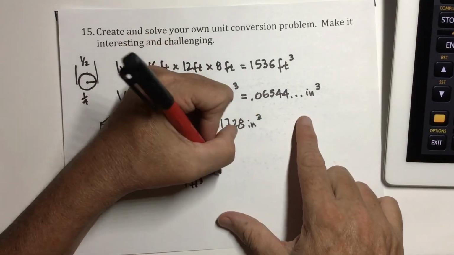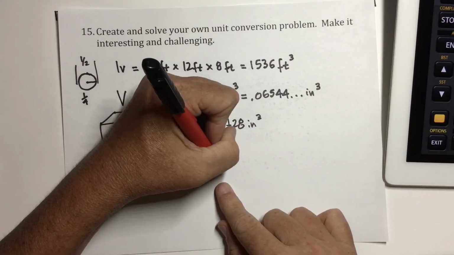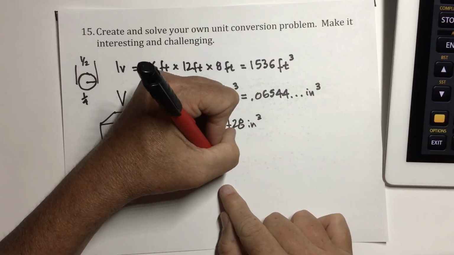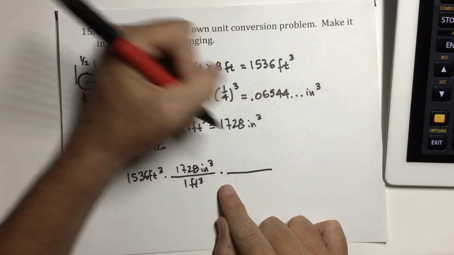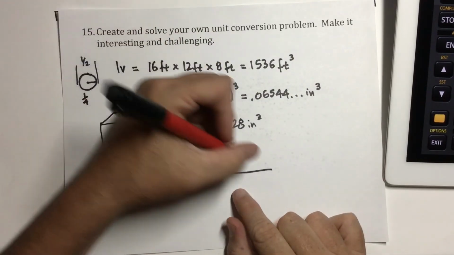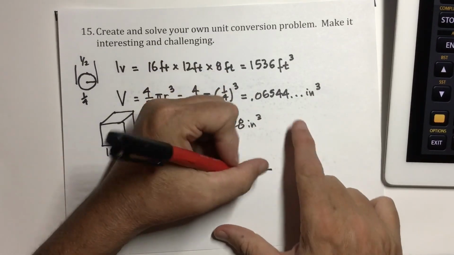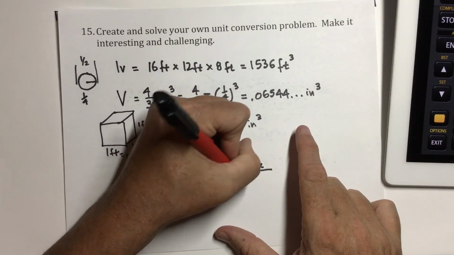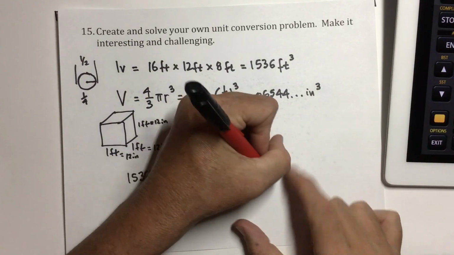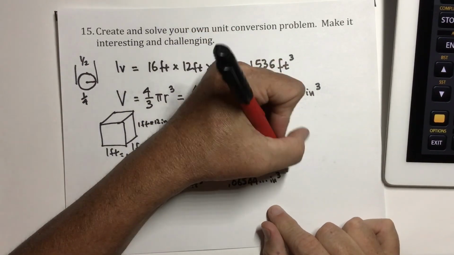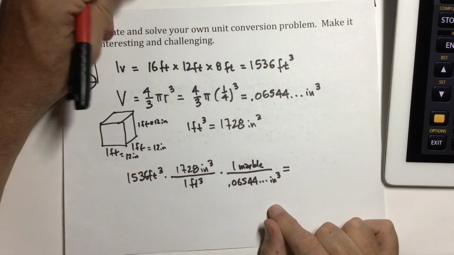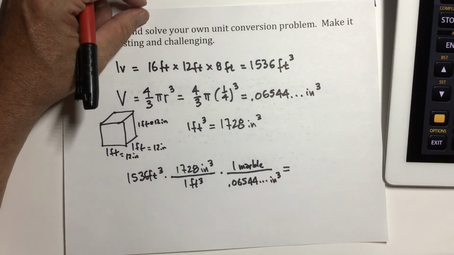And I know that this is going to be 1 marble per 0.06544 blah blah blah cubic inches. So now I can just do the math, can I not?